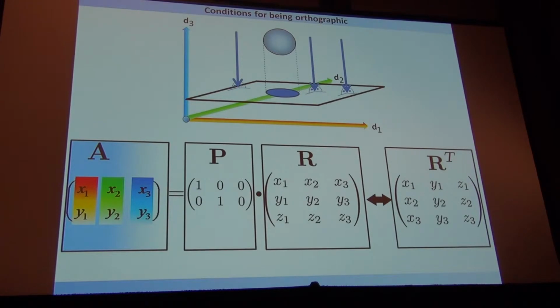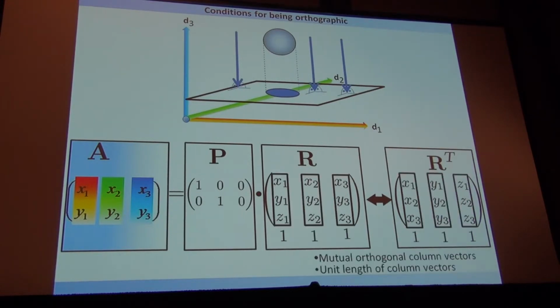The column vectors in the rotation matrices R and R transpose form an orthonormal system, meaning that those column vectors have unit lengths and are orthogonal to each other.